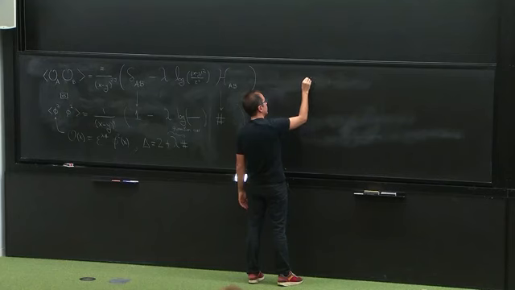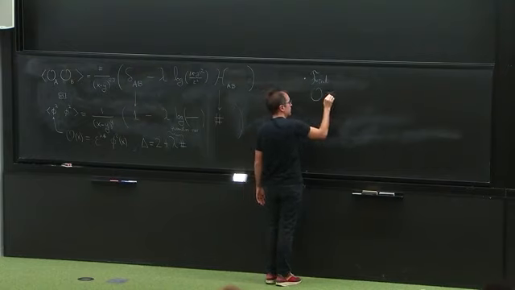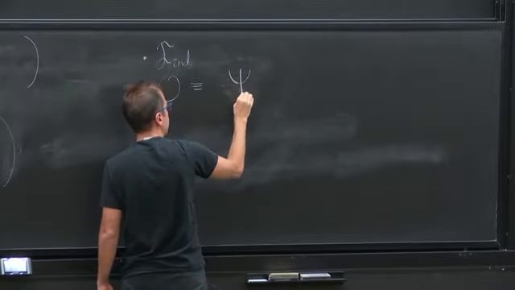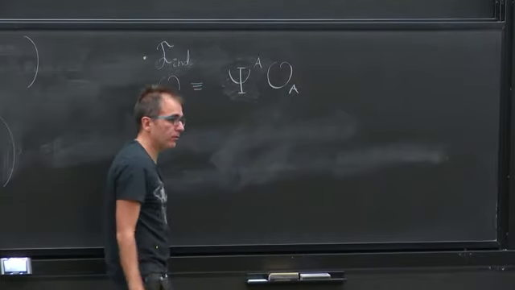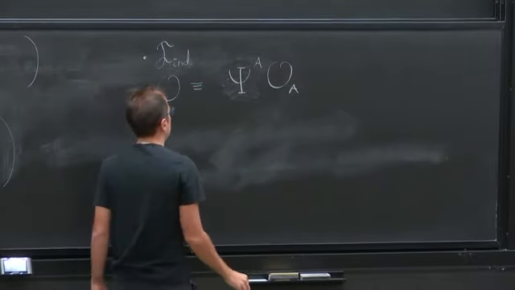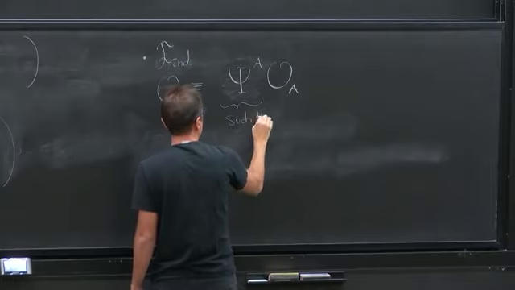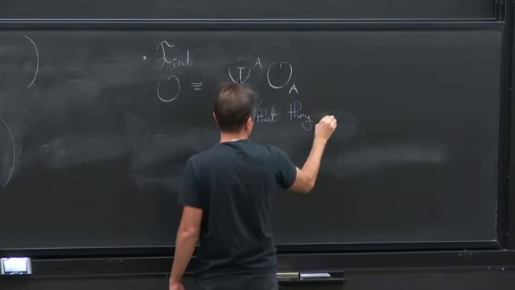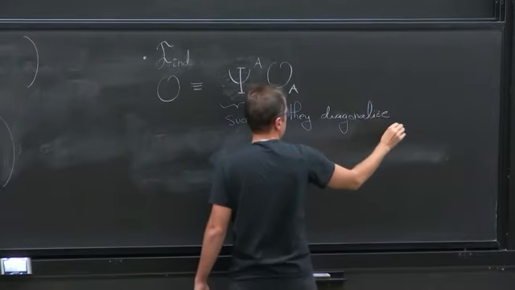We should first find the operators O that are defined as some linear combinations. Let's use psi A OA, some linear combinations of these operators OA, where these psi A are chosen such that they diagonalize this matrix HAB.